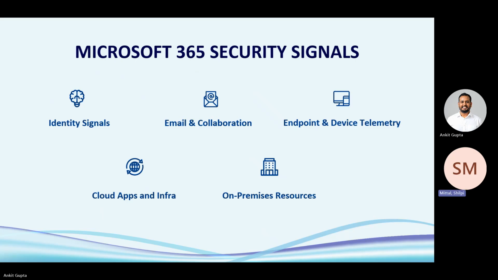Let's ground ourselves in what signals we have inside Microsoft 365. The Microsoft security stack covers a breadth of resources. Identity signals: every authentication event in Azure AD, now part of Entra ID, is a signal.